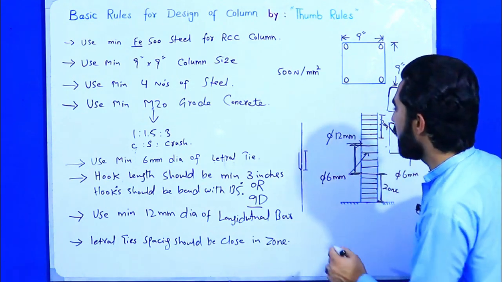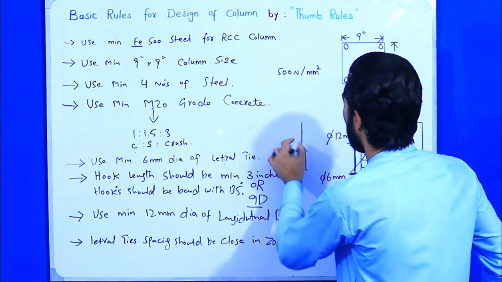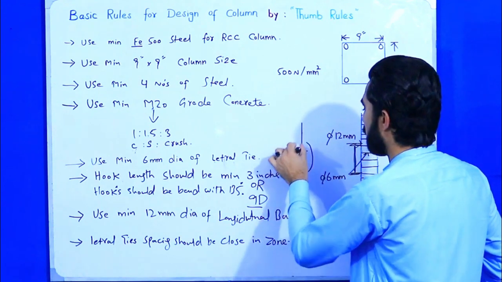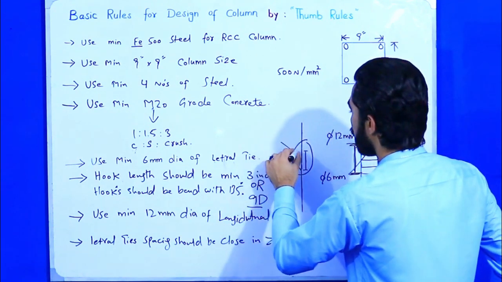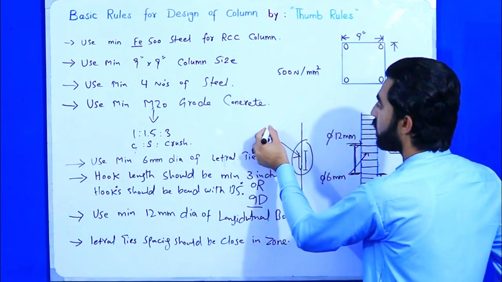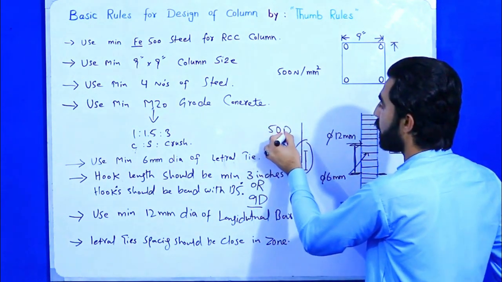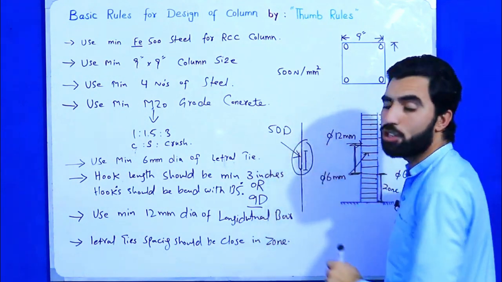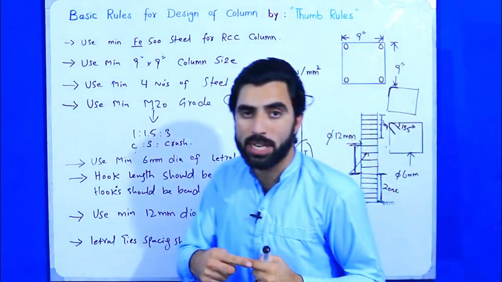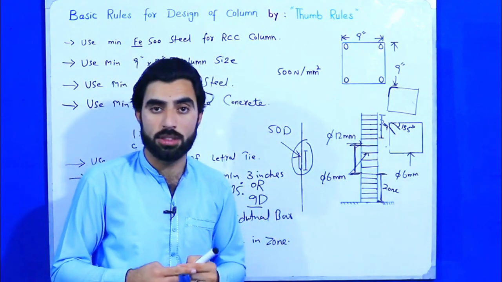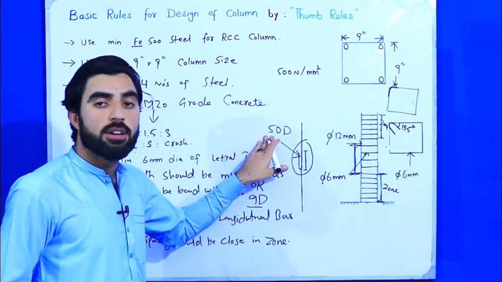Now guys, come to its lapping zone, overlapping, sorry. The lapping of the longitudinal bar should be 50D, where D is dia of the longitudinal steel bar. So we can get the lapping length with the formula of 50D.